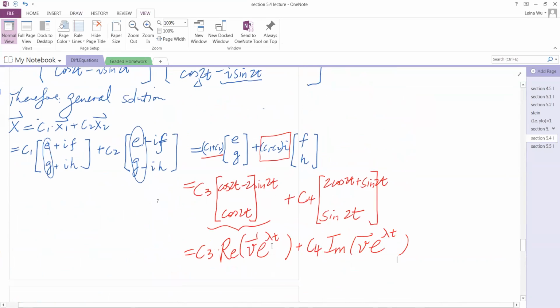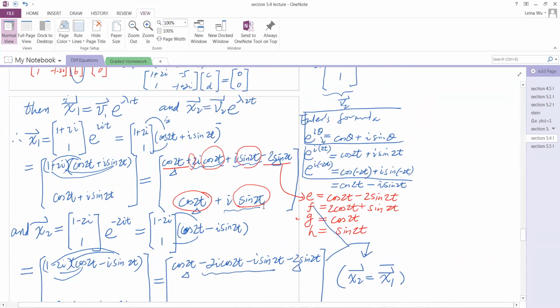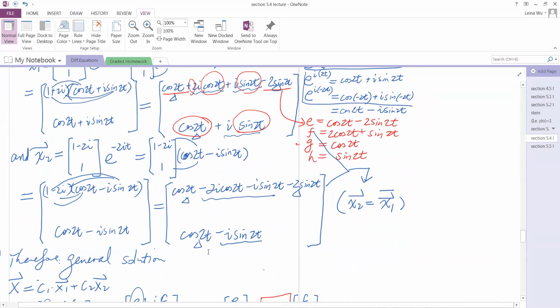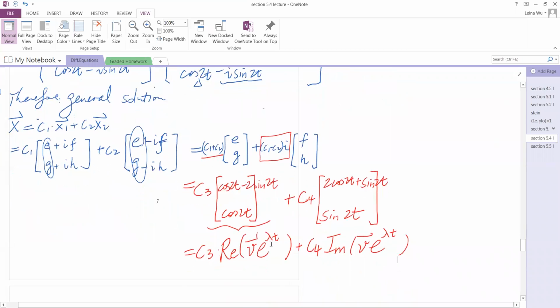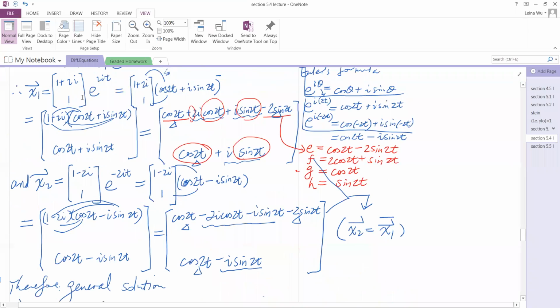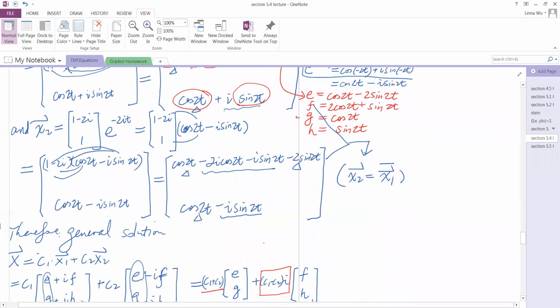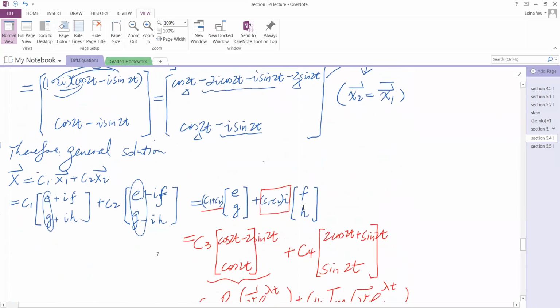And you may ask, well, there are two lambdas, lambda 1 and lambda 2. But based on what we did over here, lambda 2 is just a conjugate of lambda 1. So even if we follow our old procedure, the same amount would appear in your v2 e raised to lambda 2t, which is in your x2.